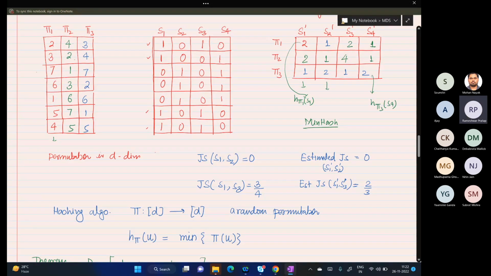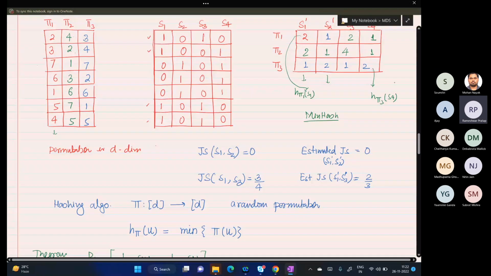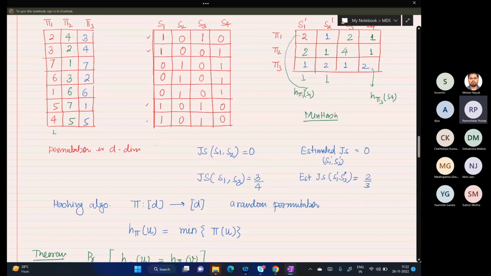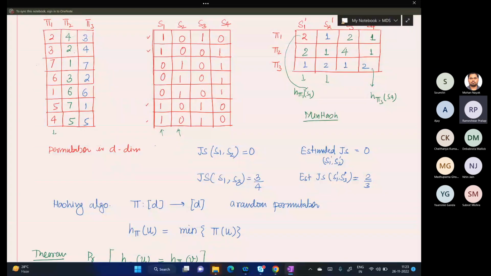Suppose we try to understand this with an example. Suppose we focus on S1 and S2. If we take a random permutation, say pi1, and calculate their corresponding MinHash value, and then choose another permutation, say pi4. So far in these three examples, these values are different.